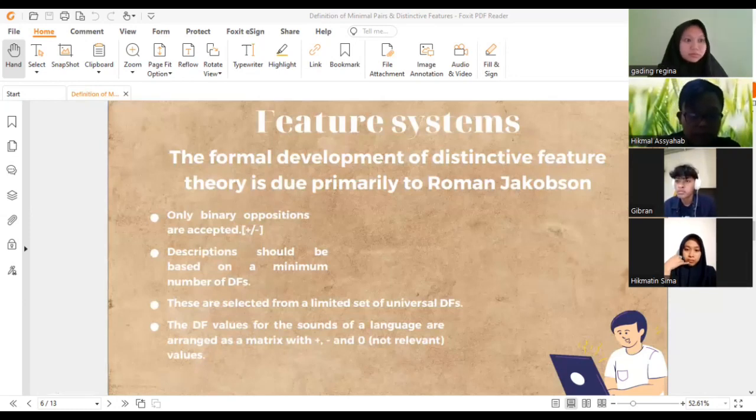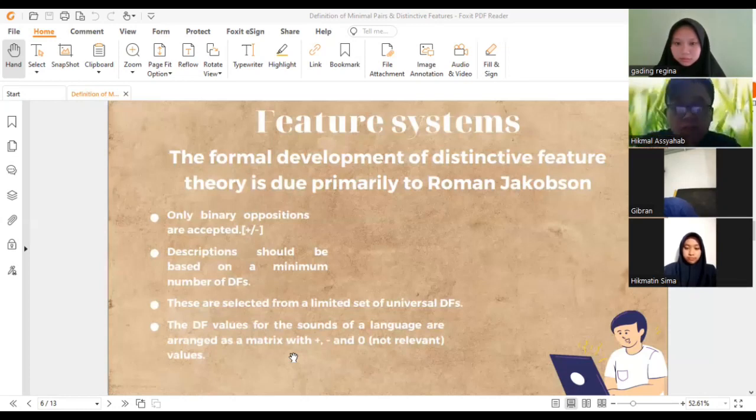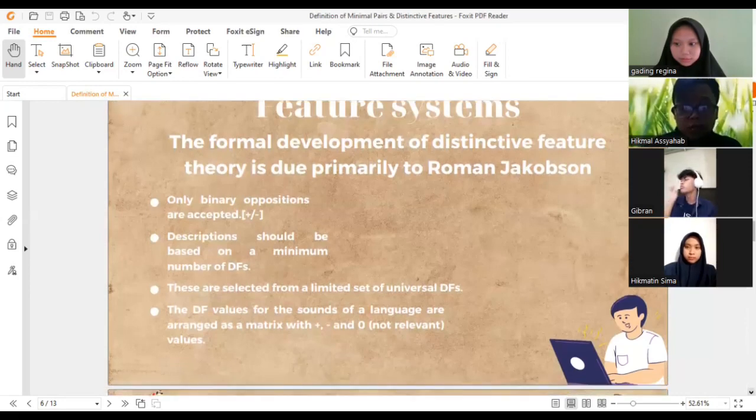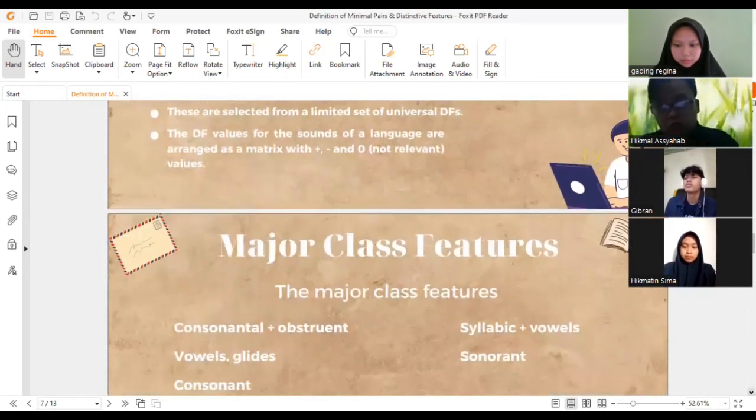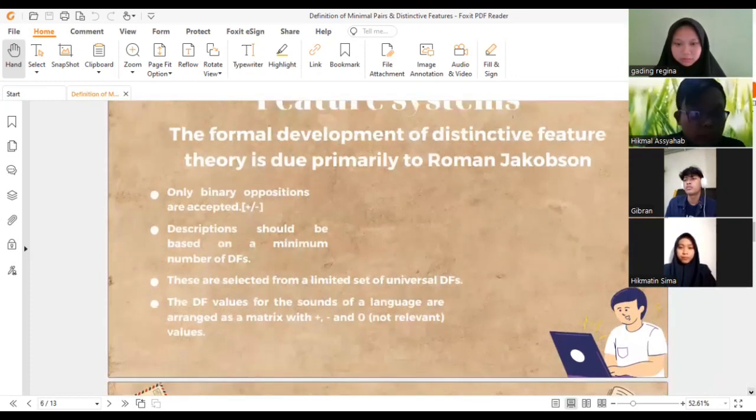The following points need to be taken into account regarding distinctive features. Distinctive features have binary values in terms of plus and minus.